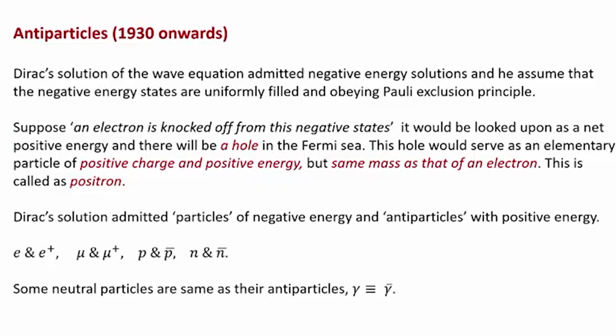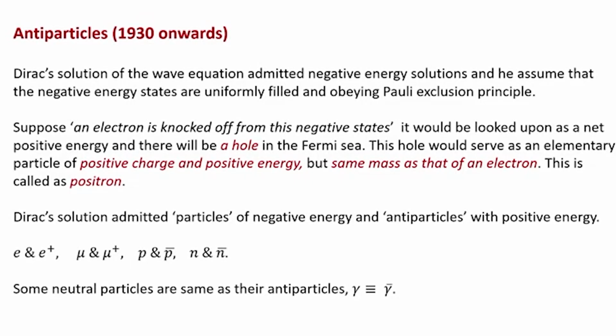It is not a proton, because a proton has 2000 times larger mass than that of an electron, and this is called a positron. We just described that positrons are really found in cloud chamber experiments, where the electromagnetic radiation splits into an electron and a positron. So Dirac's solution admitted particles of negative energy and antiparticles with positive energy.